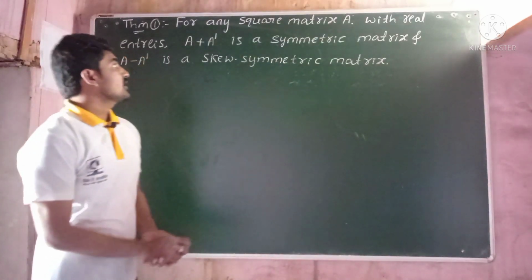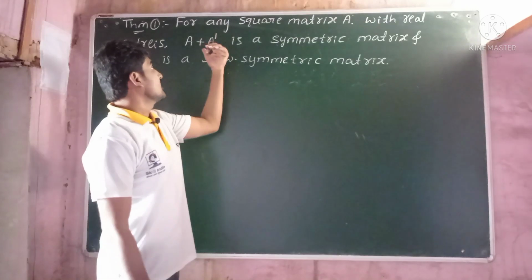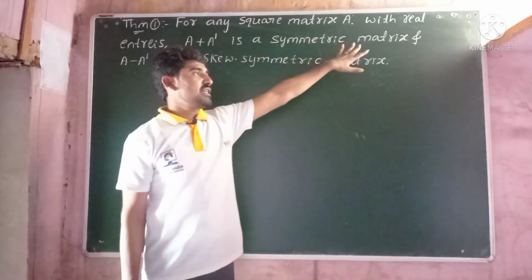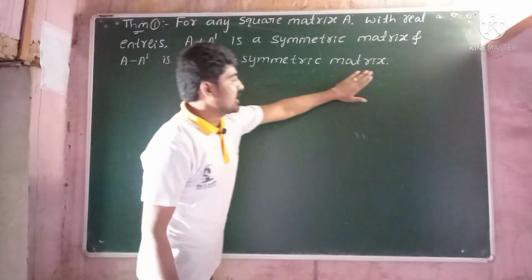So what is the statement? For any square matrix A with real entries, A plus A dash is a symmetric matrix and A minus A dash is a skew symmetric matrix.